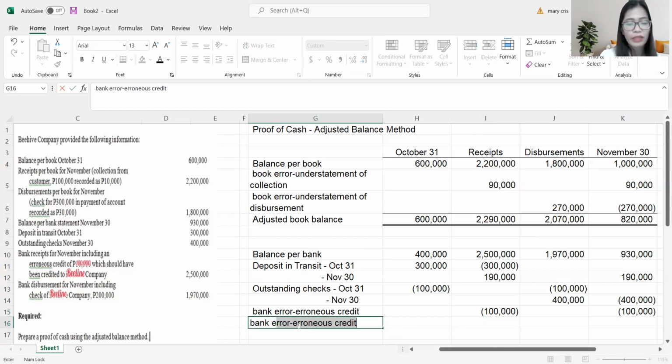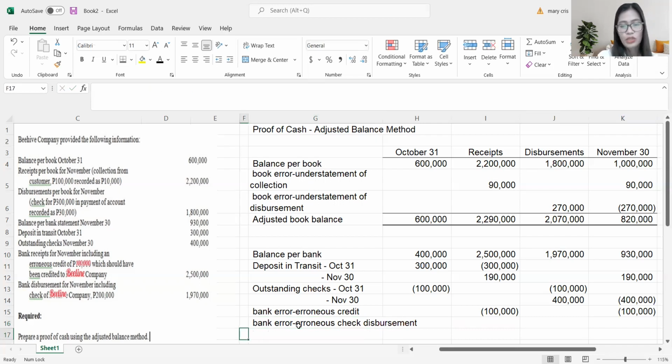Another bank error, last na lang, no, yung bank error natin, isa pa, we have an erroneous check disbursement. Okay? So there is an erroneous check disbursement reflected in the bank debits. So dapat sana itong check disbursement na to ay kay Beeline.